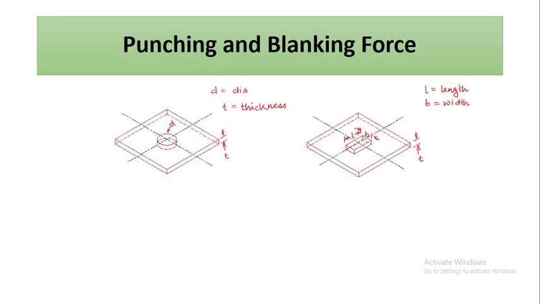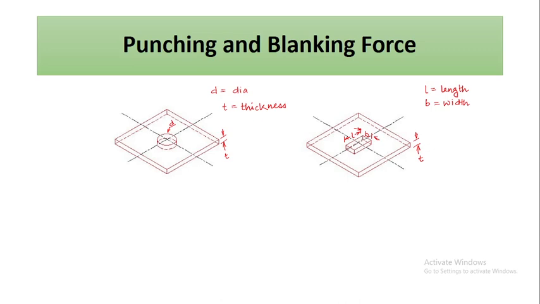Now for the shearing action we will need some force, and that force is called the punching or blanking force. In punching or blanking, in both processes the forces will be the same. In the punching and blanking operation we have to find out the maximum force required during the shearing operation, and this force is given by the flywheel.